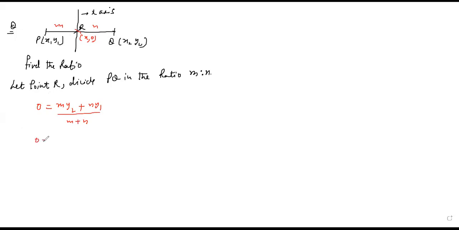Cross multiply: 0 is equal to m y2 + n y1, minus m y2 is equal to n y1, which implies m over n is equal to y1 upon y2, which implies the ratio is y1 is to y2. This is the given ratio. This is the required ratio.